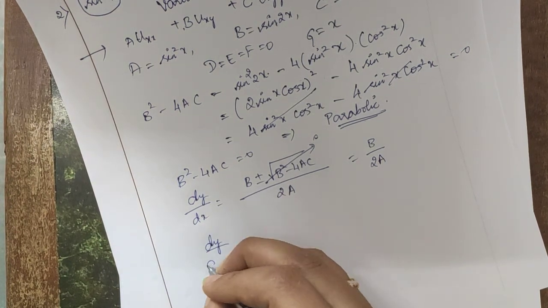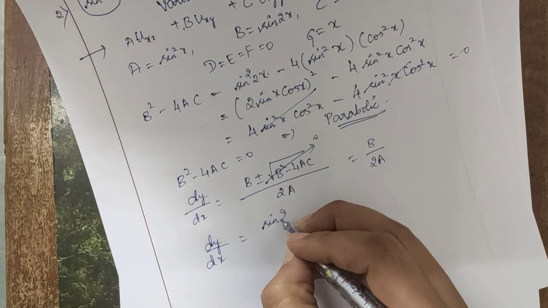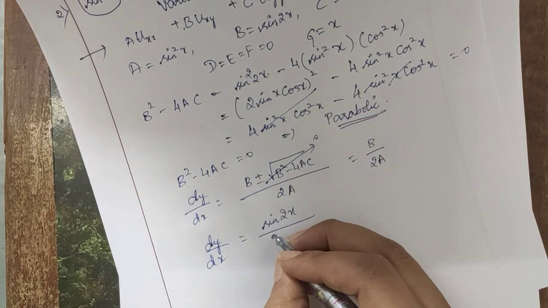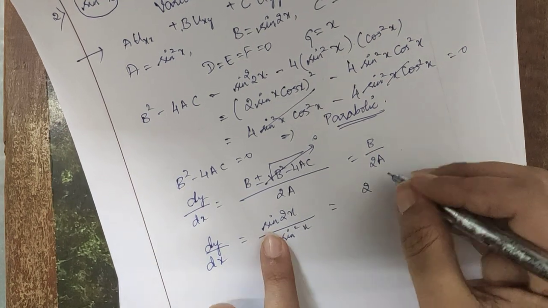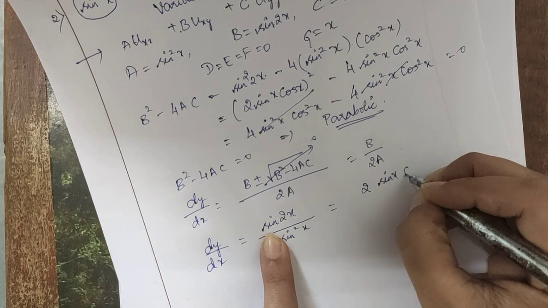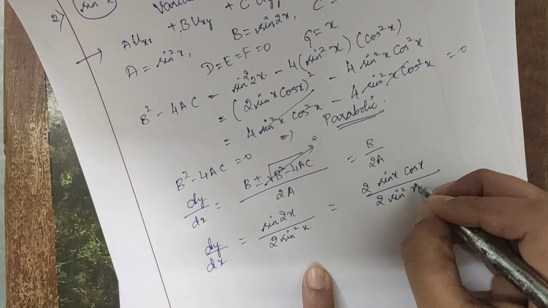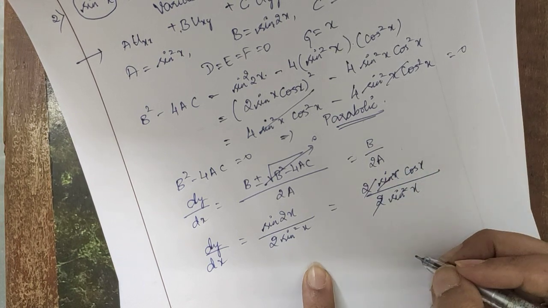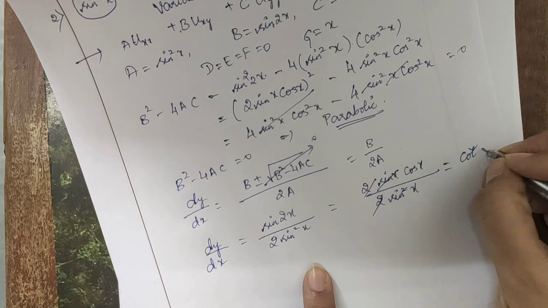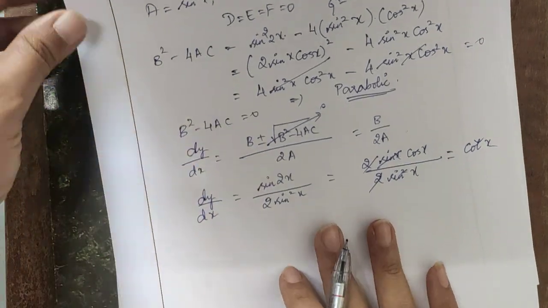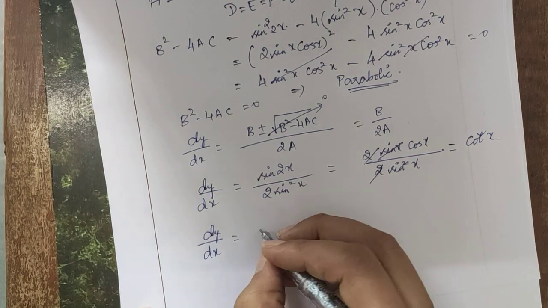So dy by dx will be equal to, what is my b? b is sine 2x and 2a means 2 sine square x. Again I can write sine 2x as 2 sine x cos x divided by 2 sine square x. The 2 gets cancelled, one sine x gets cancelled. Cos by sine is cot. So the value of dy by dx is cot x.